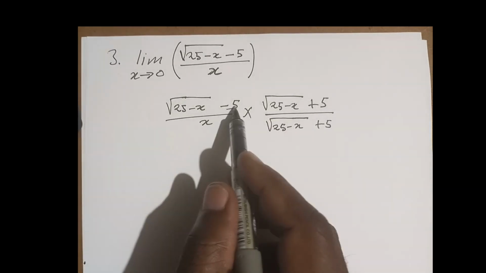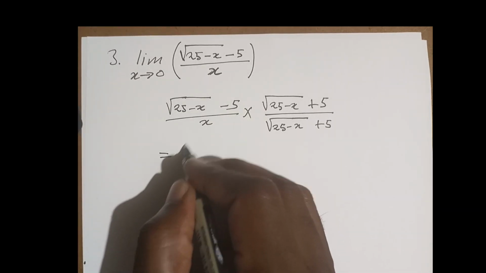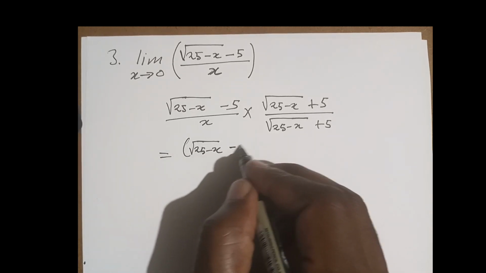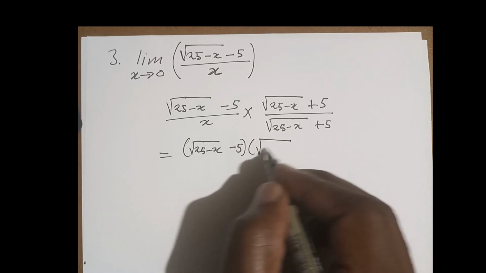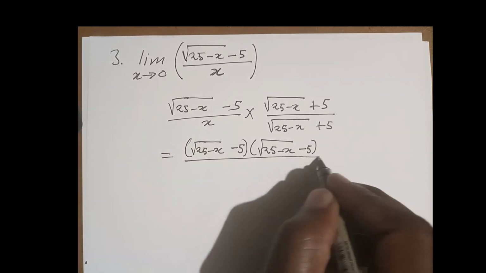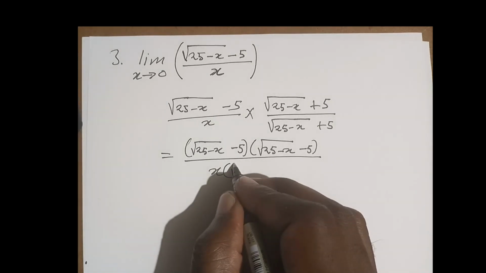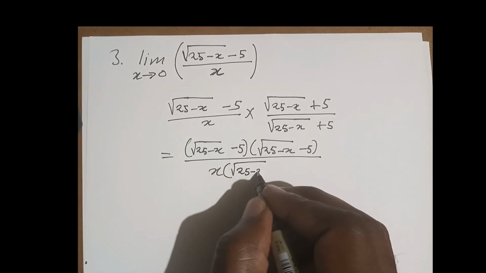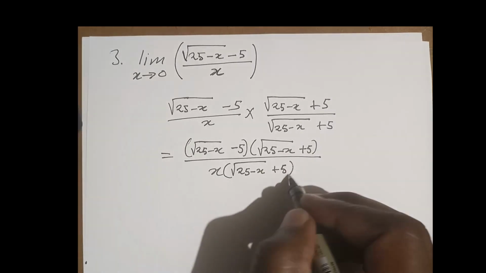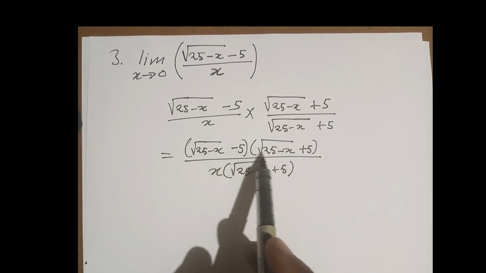Okay, so multiply all these times this, and you're going to get the square root of 25 minus x minus 5, times the square root of 25 minus x plus 5, over x times everything else down there. This should be a plus 5 there. Then obviously from this, you see this is a difference of 2 squares.